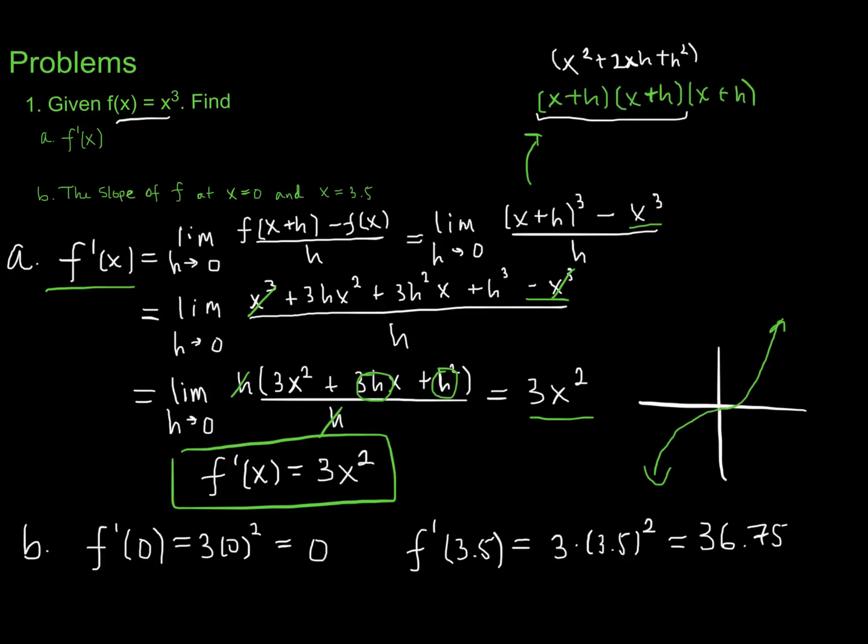It's perfectly flat at 0. And that's why we get the slope is 0 when x is 0. At 3.5, we get that the slope is 36.75, which makes sense because it's positive, and we notice that my function x cubed is rising at 3.5, and so the slope should be a positive number.